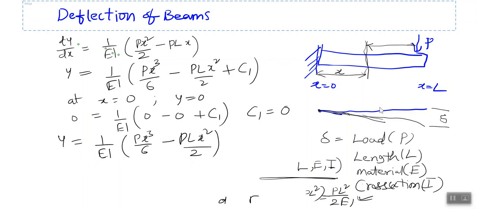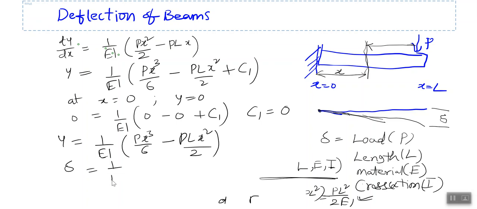To find out the deflection here, that is the maximum deflection at the end of the beam, that is delta, if we substitute x equal to L, we will get the deflection at the end of the beam. Y is delta at x equal to L, that is the maximum.